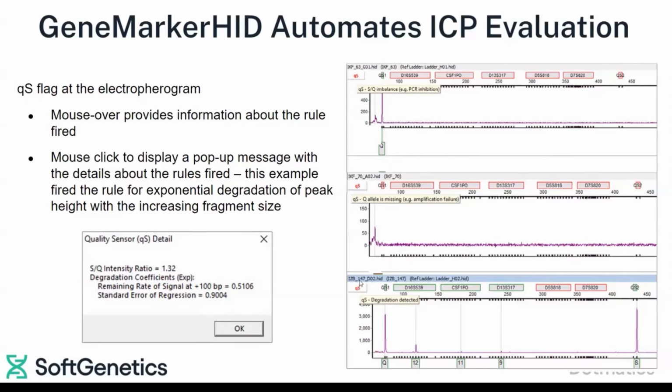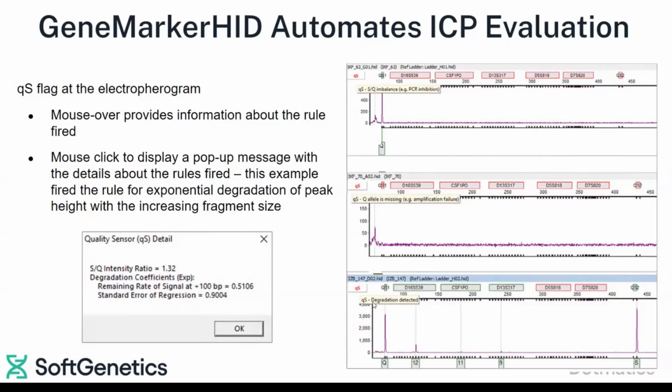In this third example, the Q fragment is quite high, and the S fragment is nicely balanced with it. So there's nothing inhibiting the PCR process, but when we look at the amplicons, there's a significant, strong decrease here.